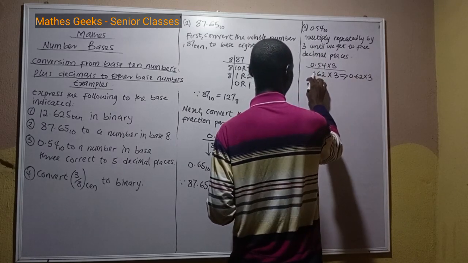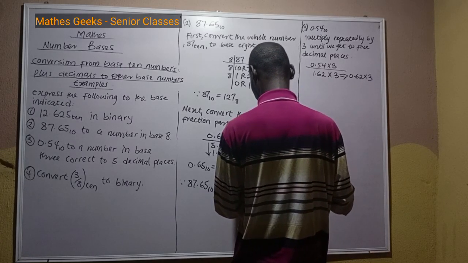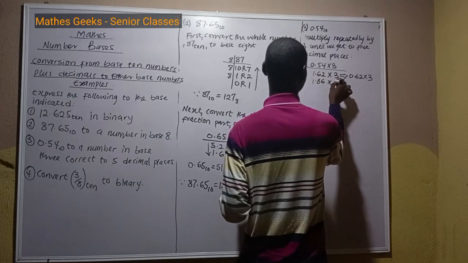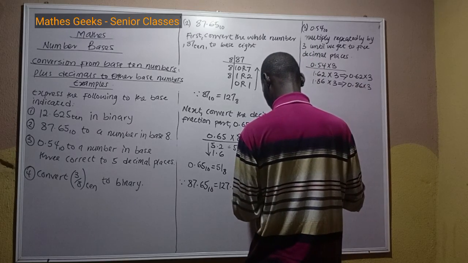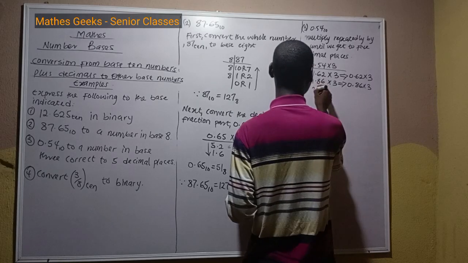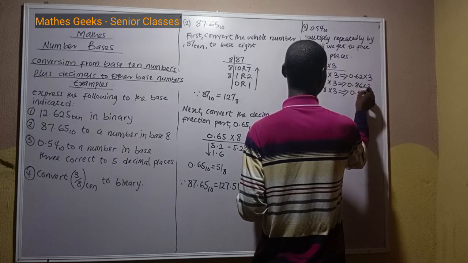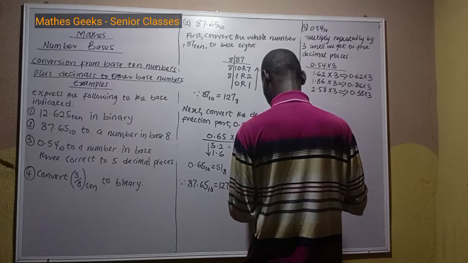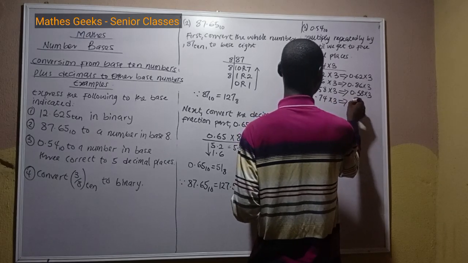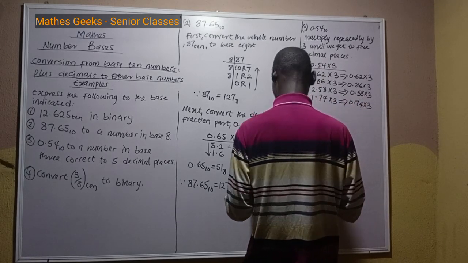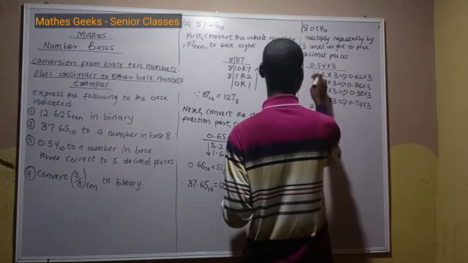This is what I'm working with, not the whole number part. 0.62 times 3 is 1.86, and so we split it: 0.86 times 3 is 2.58. We split, and we have 0.58 times 3 is 1.74, then 0.74 times 3 is 2.22. So 1, 2, 3, 4, 5.